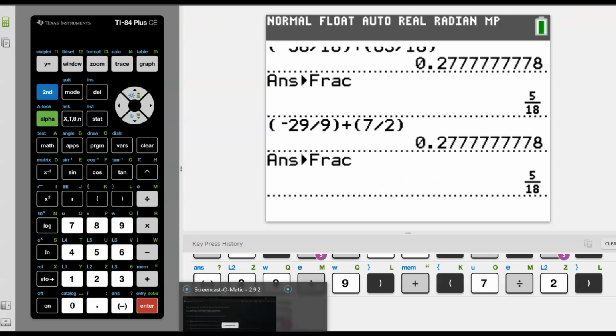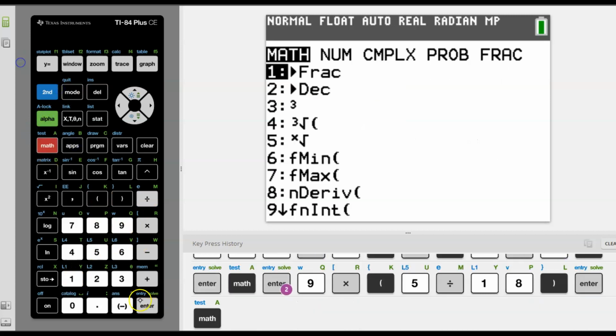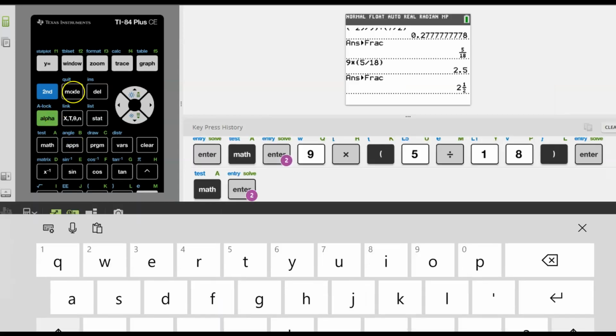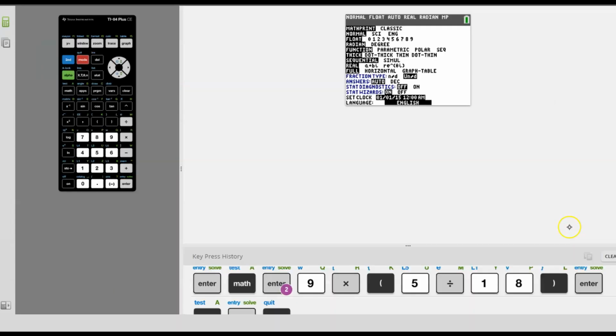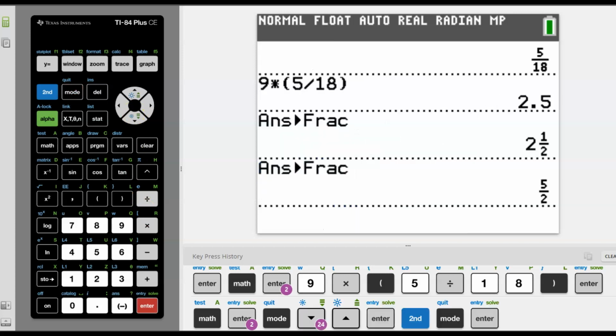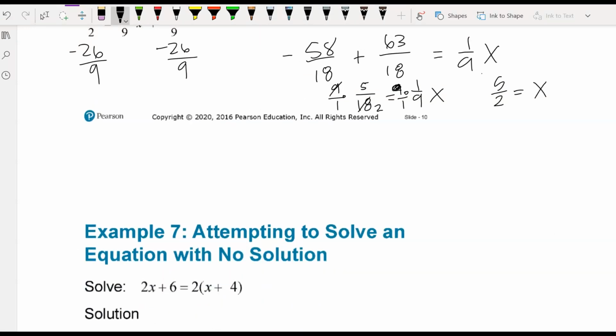Or if you want, you can times 9 times 18, and this changes it to a mixed number. I would need to change my mode back to not mixed fractions. So it'd be that 5 over 2 or the 2.5 would work too. But I think it doesn't want you to do a mixed number. So just the 5 over 2.